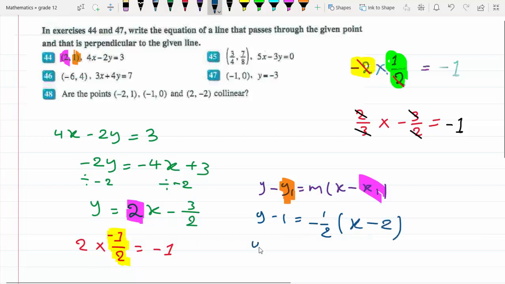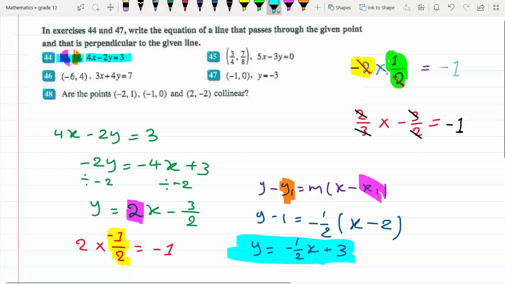Simplify this. y equals, we're going to send this -1 to the other side, it will be positive. -1 over 2x, this negative with this negative will be positive, it will be plus 2, and then plus 1, so plus 3. This is the equation of the line, which is perpendicular to this line and passing through this point.